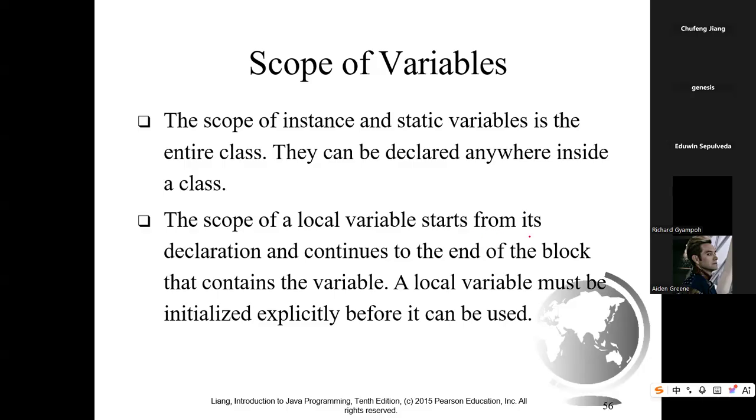You should always remember that it is the end of the block, which means the nearest curly bracket. You should always refer to the starting left curly bracket to make the alignment of the block that contains the variable. And a local variable must be initialized explicitly before it can be used.